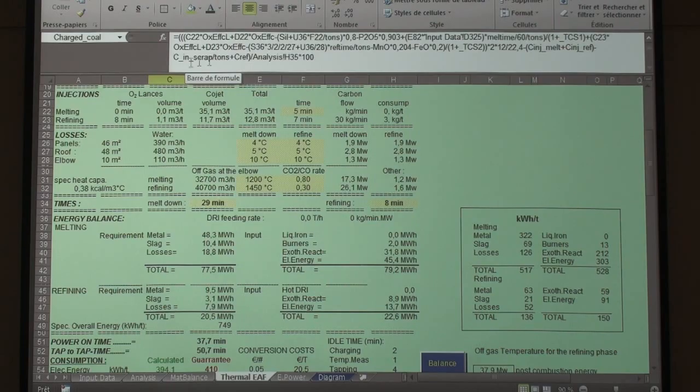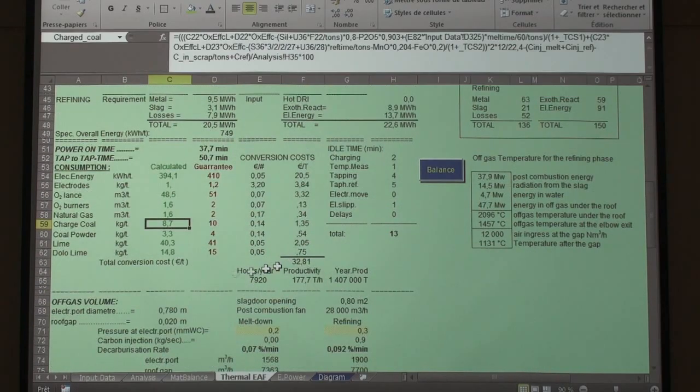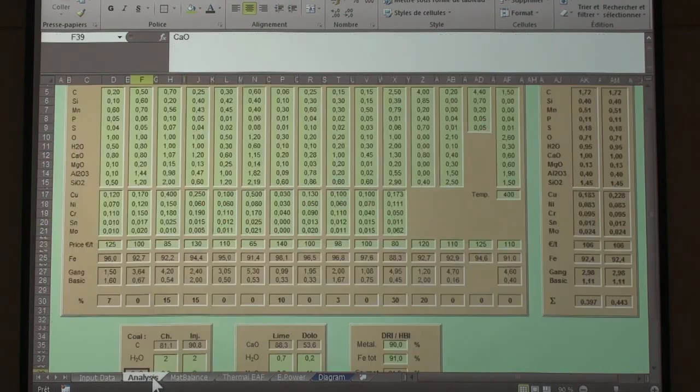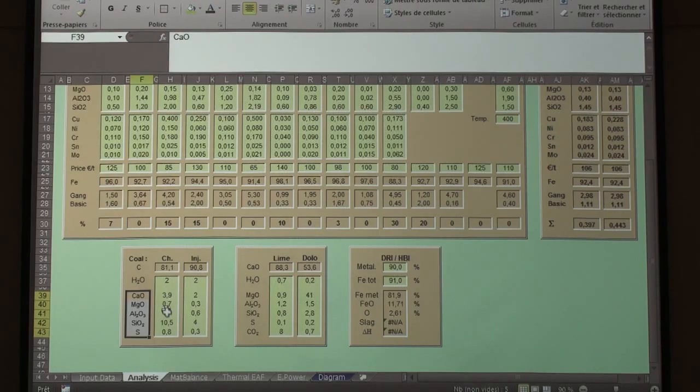So divided by ton because it was in kilograms, plus what is remaining in the steel at the end of the heat. Yeah. Okay. So this is pure carbon, and of course to calculate the coal, you have to divide it by the carbon content of the coal, which is analysis H35. This is this one here. Yeah?